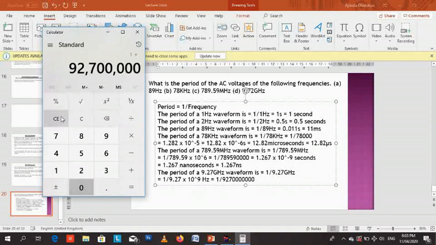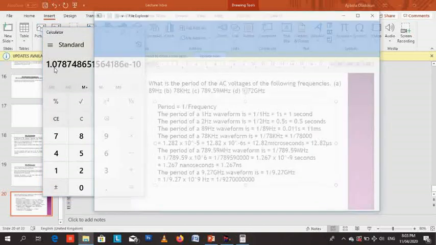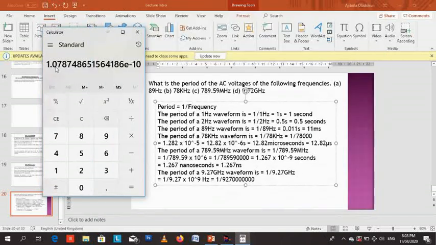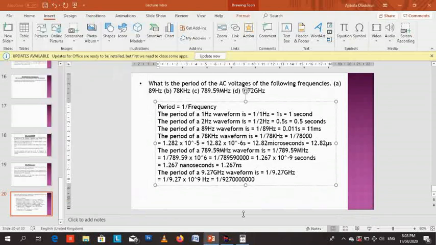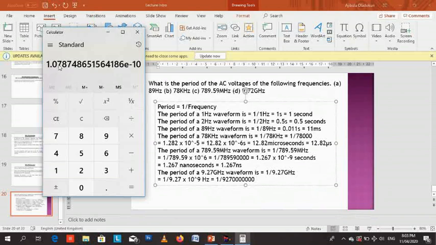So 1 divided by 9 billion 270 million. If you divide that, you get 1.0787 times 10 raised to the power minus 10 seconds. That is how long it takes for that high frequency signal to have a complete cycle.